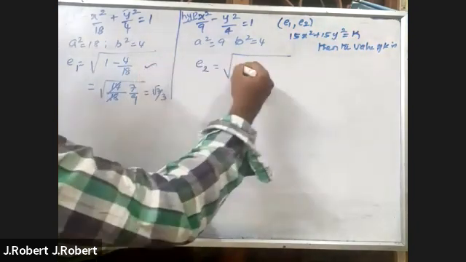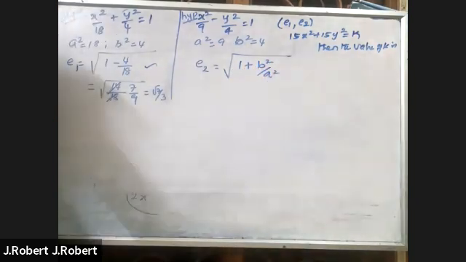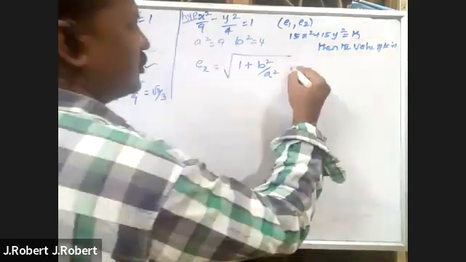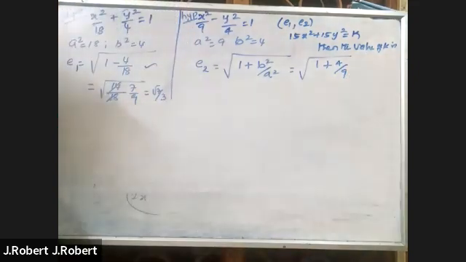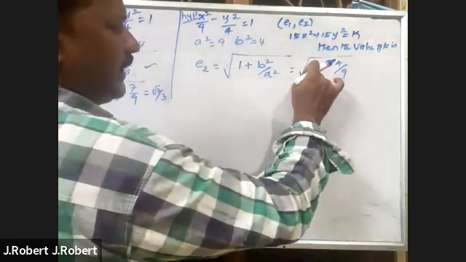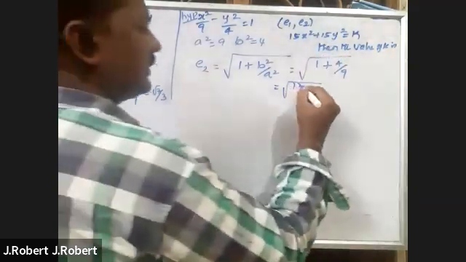Correct. So this is similar, root of 1 plus b square by a square. Yes, it is 1 plus b square by a square, not 1 plus a square. Can you hear me? Is it right? Yes, sir. 1 plus b square by a square, which is equals to 1 plus 4 divided by 9, which is 9 plus 4, 13. 13 divided by 9.